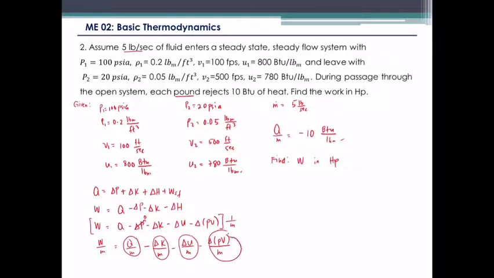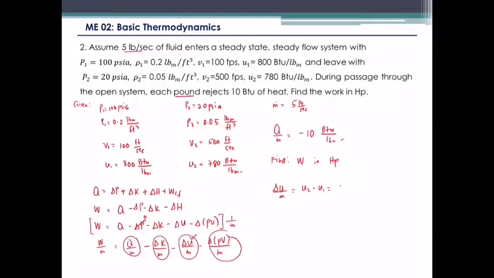The easiest is to solve first the one that is easier to get: delta U over M. This is from the energy balance formula, and this is capital letter U, so this is the total internal energy. So we divide it by the mass, and that is now small u2 minus small u1. This is the specific internal energy.